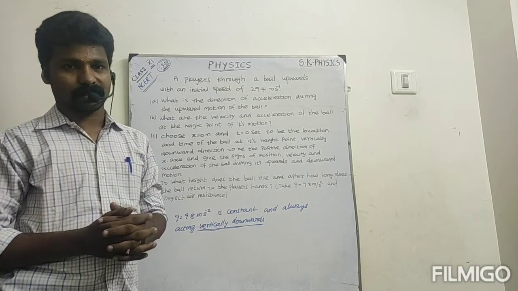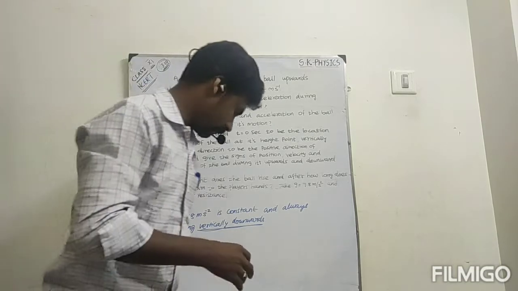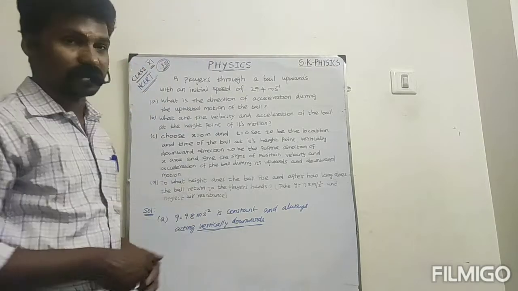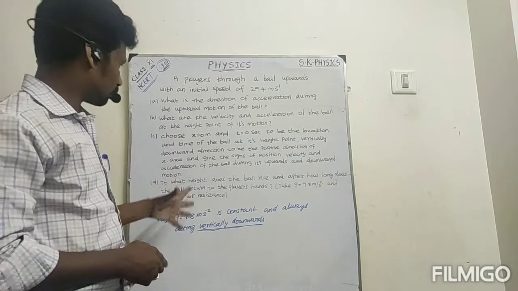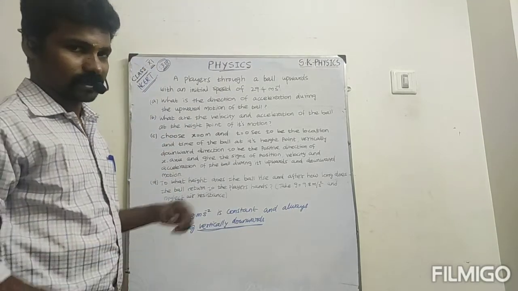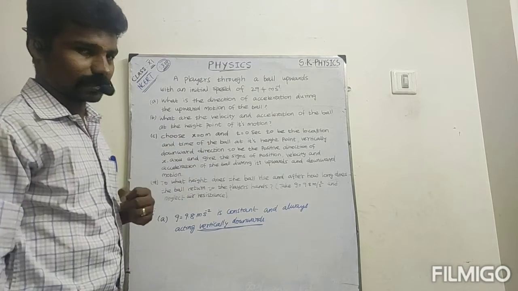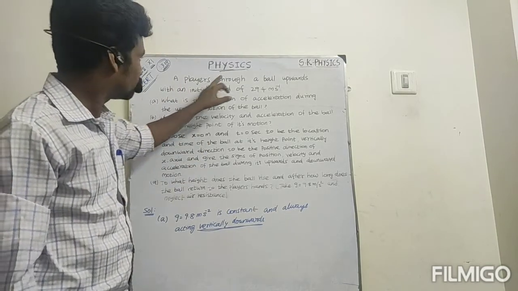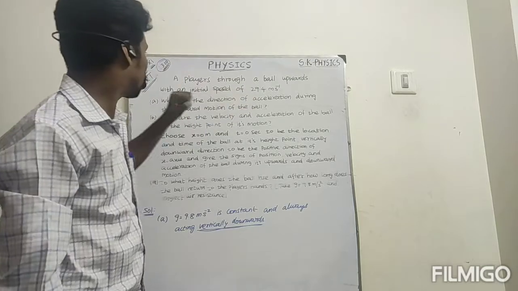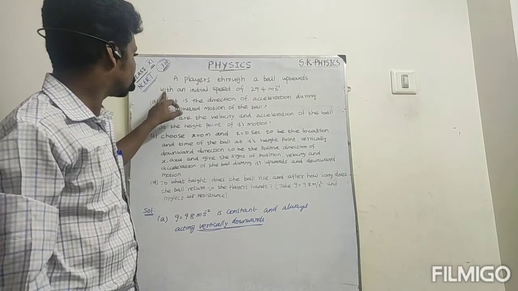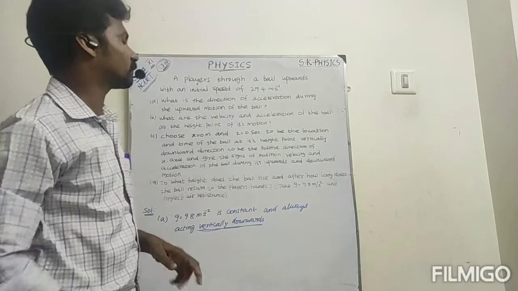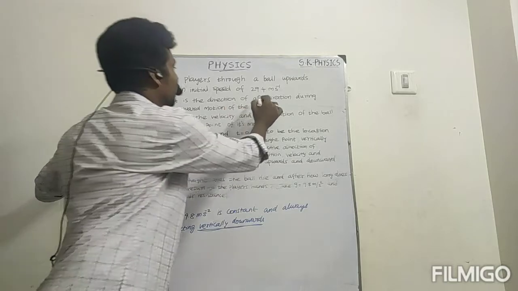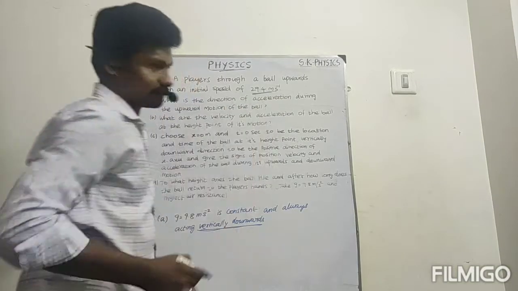So see that. Then how we are going to approach that coordinate system by using the present situation. So shall we discuss the situation now? See the question. A player throws a ball upward with an initial speed of 29.4 meter per second.